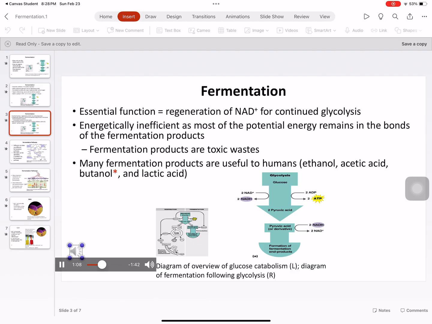So typically, cells that are obligate fermenters, that is, the only way they can get their NAD back is through fermentation because they, say, lack a Krebs cycle and an electron transport chain, are going to grow far more slowly for two reasons. One, they get fewer molecules of ATP per glucose, and two, they're poisoning themselves.